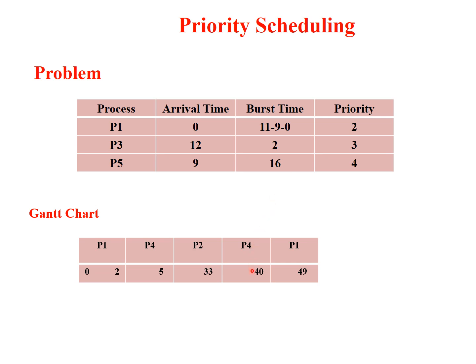Next to P4, we will schedule P1. P1 will start at 40 and end at 49. The burst time of P1 is 0 now. The remaining processes are P3 and P5. Out of these two, P3 has the higher priority, so we schedule P3 next.